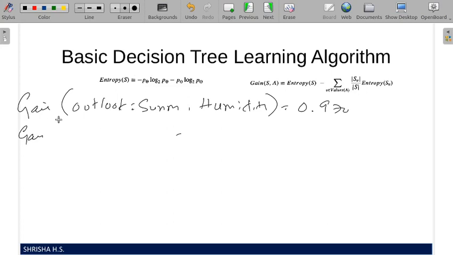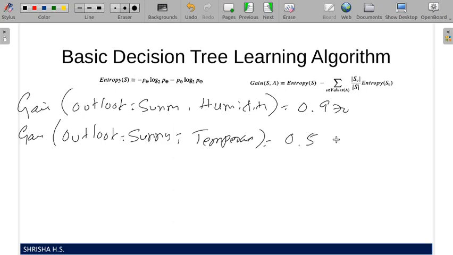Similarly, gain where outlook is sunny with respect to temperature, we calculated as 0.570.